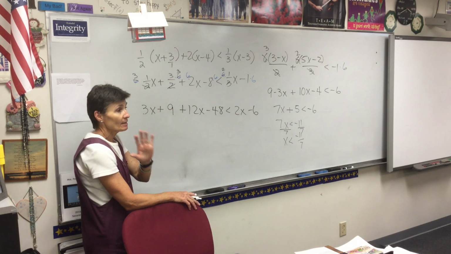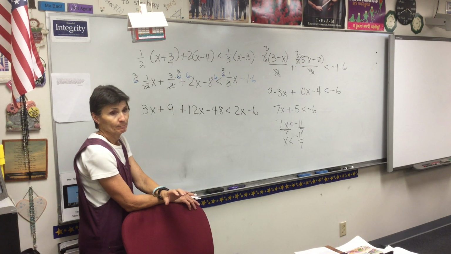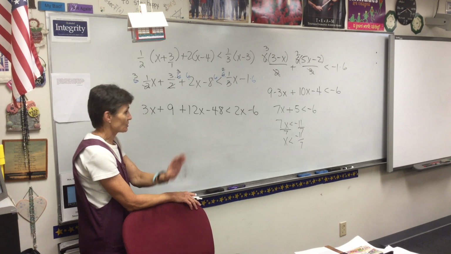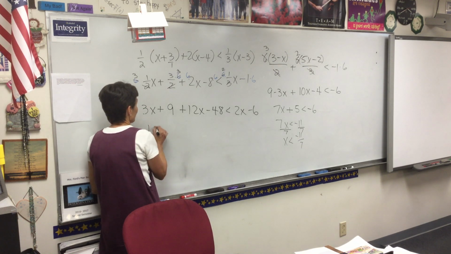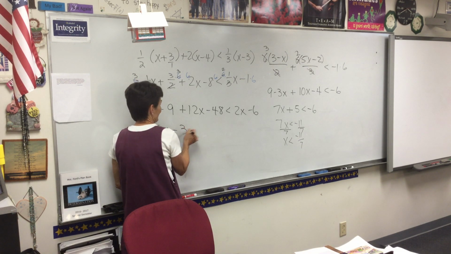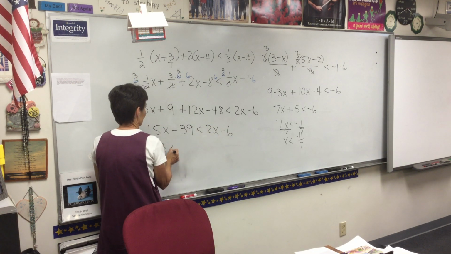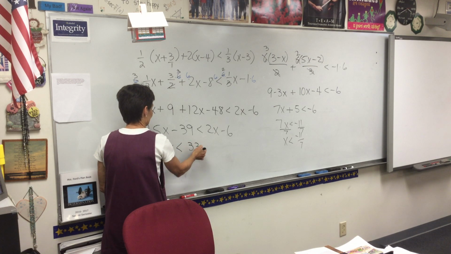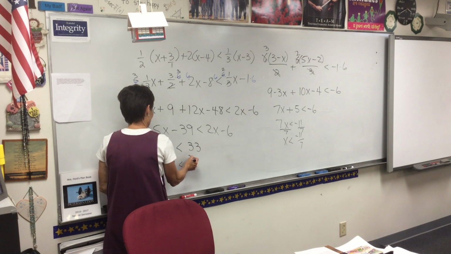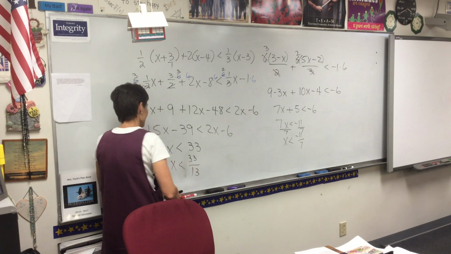But again, just make sure you're ending up where I am. Make sure we're getting the same answer, which I don't have yet. So I got 15x minus 39. Anybody got an answer?